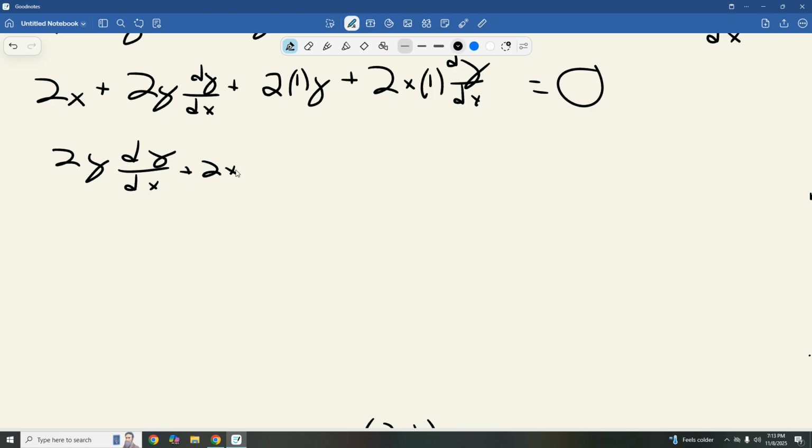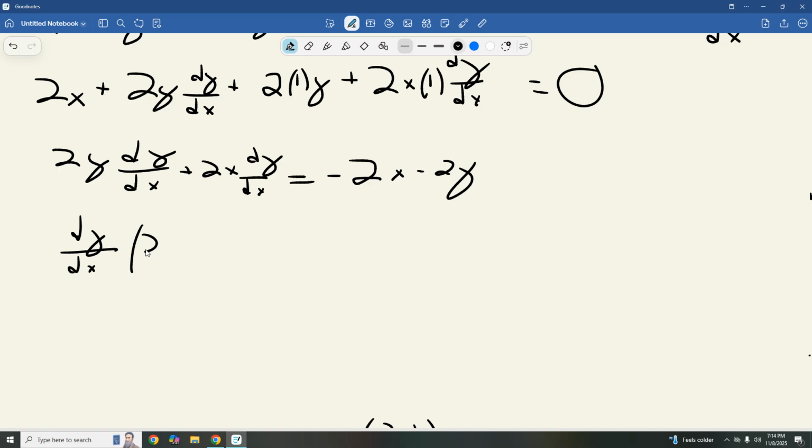Okay, cool. 2x dy over dx, and then we're going to move everything else over here. So negative 2x minus 2y. And then now we are at the point where it's easy from here, where we just multiply it out, or take it out of the function basically. So 2y plus 2x equals negative 2x minus 2y.